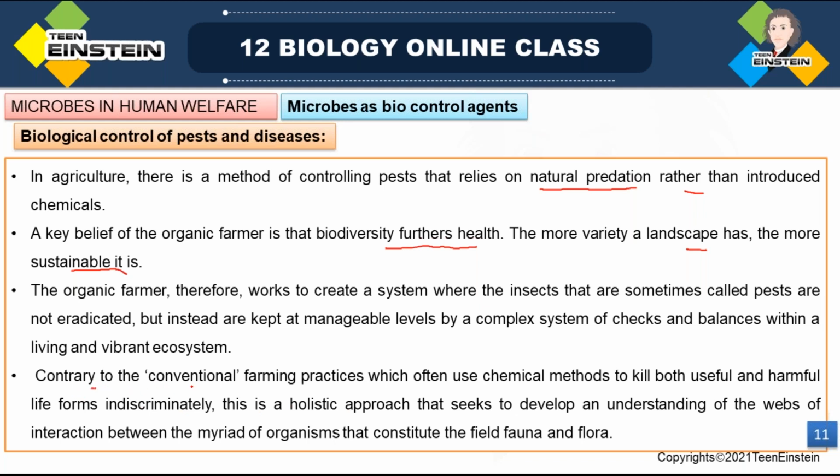So contrary to the conventional farming practices, where the chemical method is used to kill all the organisms, which is actually very harmful, what we need to do is develop an understanding of the web. That means we should manage the level of all organisms, and the interaction between the organisms should be managed, or that level should be maintained.